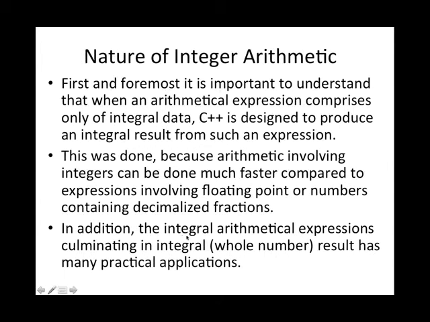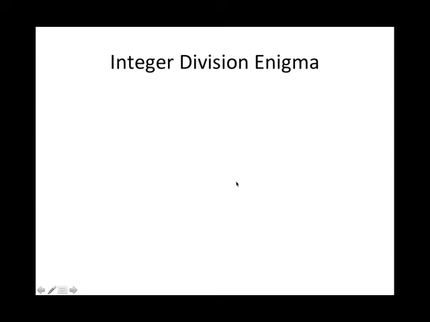Not only that, integral arithmetical expressions that culminate in integral or whole number results have many practical applications. That's why this was done. So let's look at the integer division enigma now.